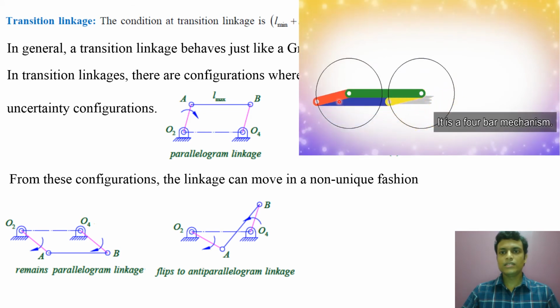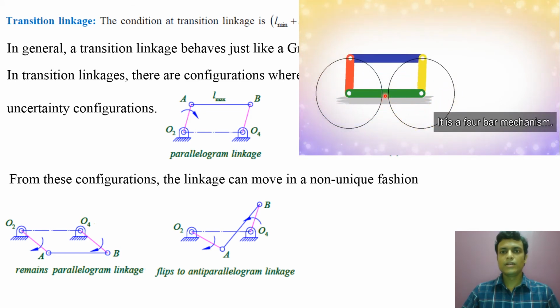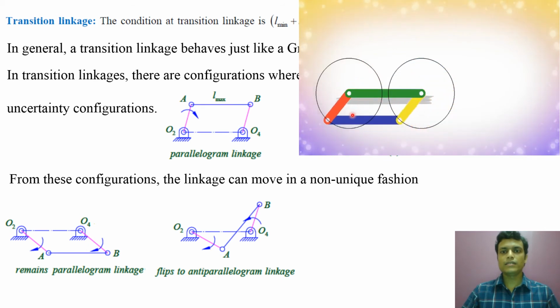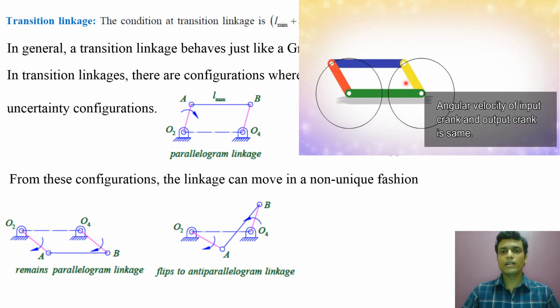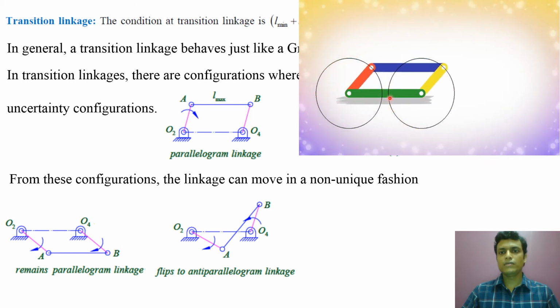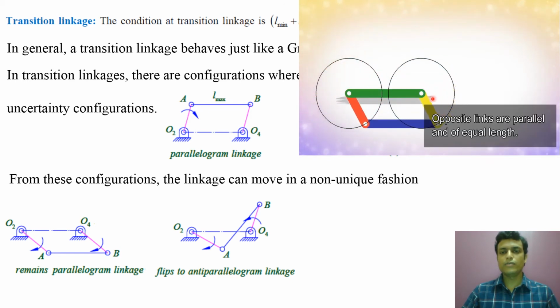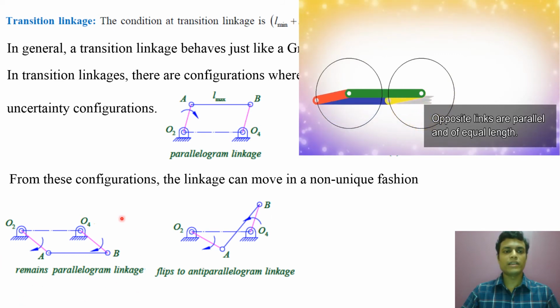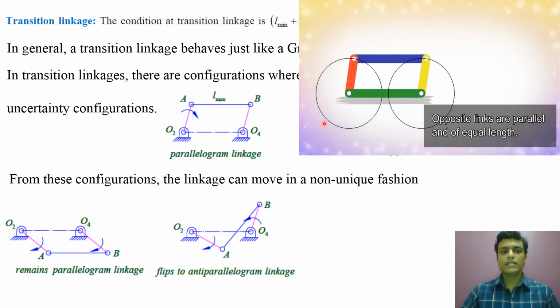Green color and blue color lengths are equal in length, and red and yellow color lengths are equal in length. So from now they become collinear, and from this it remains a parallelogram linkage. So here it remains the parallelogram linkage.